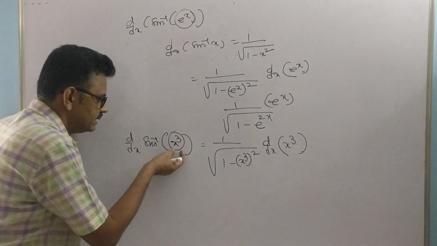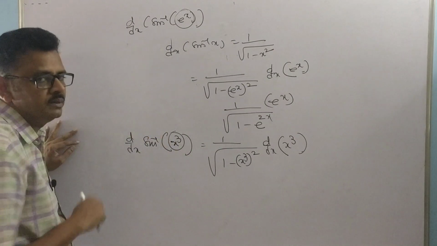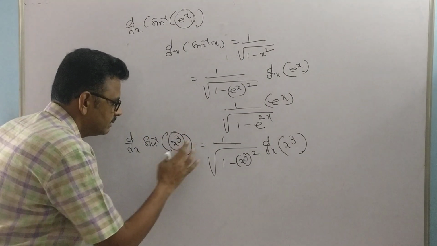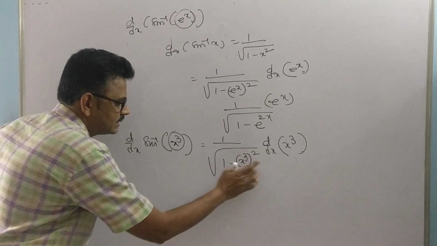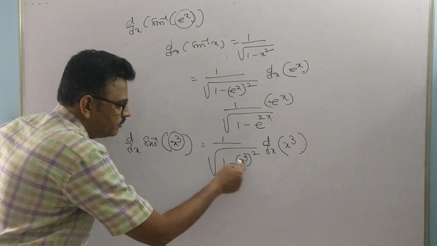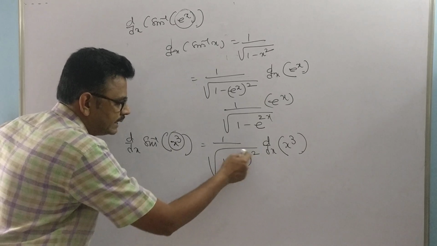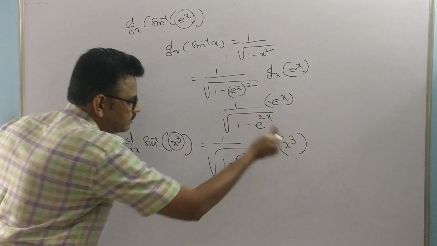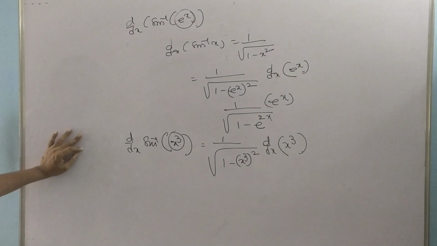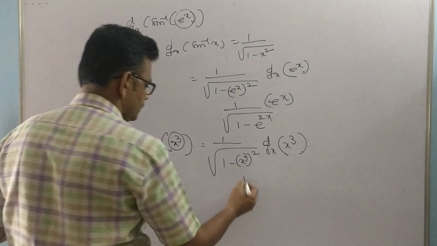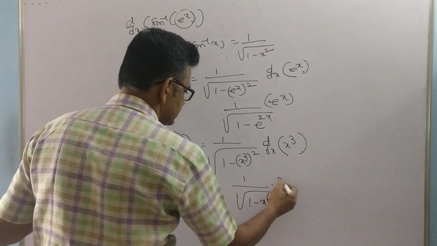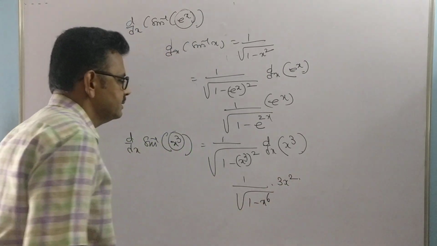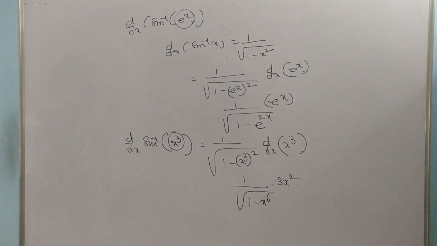But this is not sin inverse x, it is sin inverse x form, but not x, this is x cube. So, 1 by root of 1 minus x power 6, into 3x square. That is the derivative.